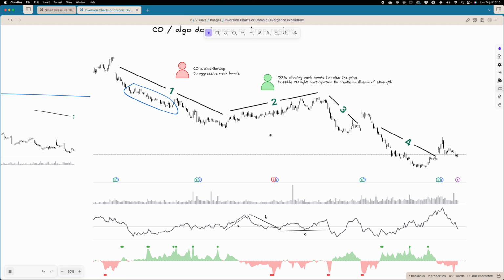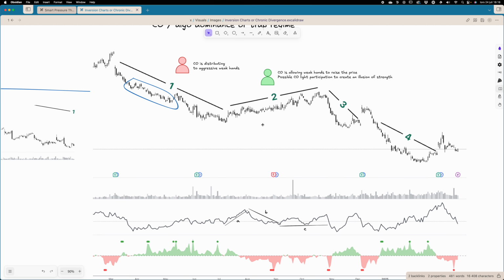There are two options here. It could be that the CEO is testing to see how much they can push the market down, and indeed there are strong buyers on the limit order side coming in. But the most likely scenario is that some of these weak hands are taking profits and selling.